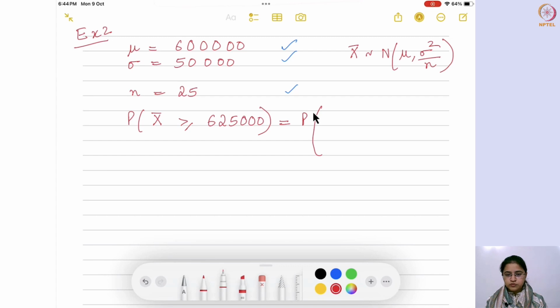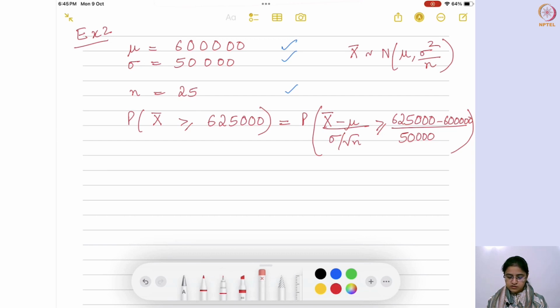The probability that (x bar minus mu) divided by sigma by root n is greater than or equal to, from the right hand side also you will subtract the mean, that is 600,000, and divide by 50,000 divided by square root of 25, that is 5.